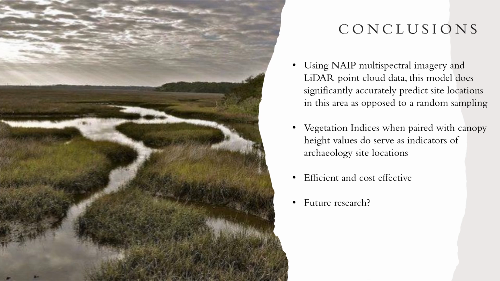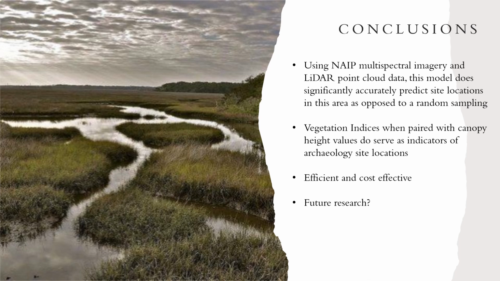So when paired with these, they do serve as a good indication in a mixed canopy forest where crop soil marks could only work previously in a more homogeneous growth. And another very positive thing is this method is very efficient and cost effective, and it can be used quickly to find these sites when you have a big storm coming in, or just the effects of sea level rise are catching up with you.